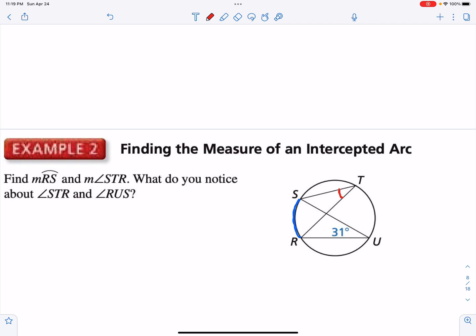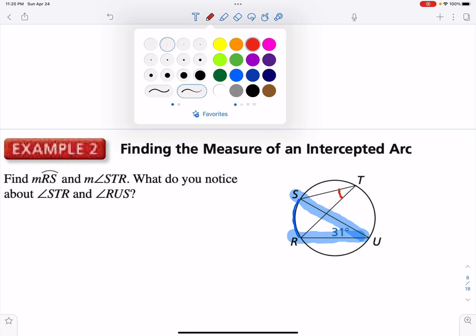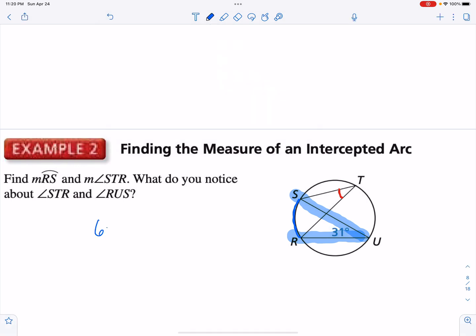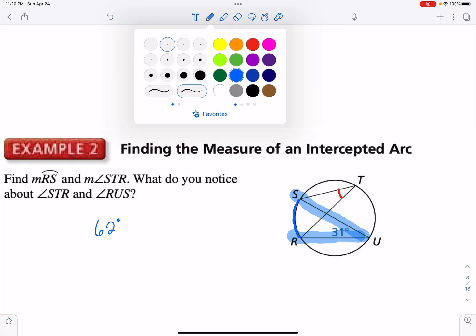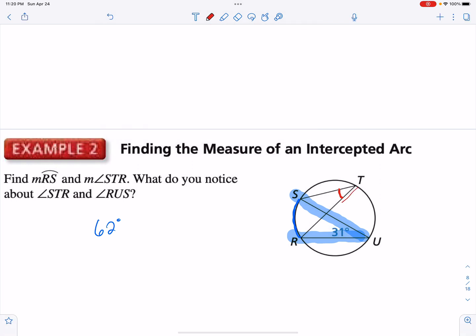So again, arc RS or SR is created here, if we'll notice, by this angle right there. So if I want to find that arc, I need to double 31, which is 62 degrees. Now, if we'll notice, this angle is also creating this arc.